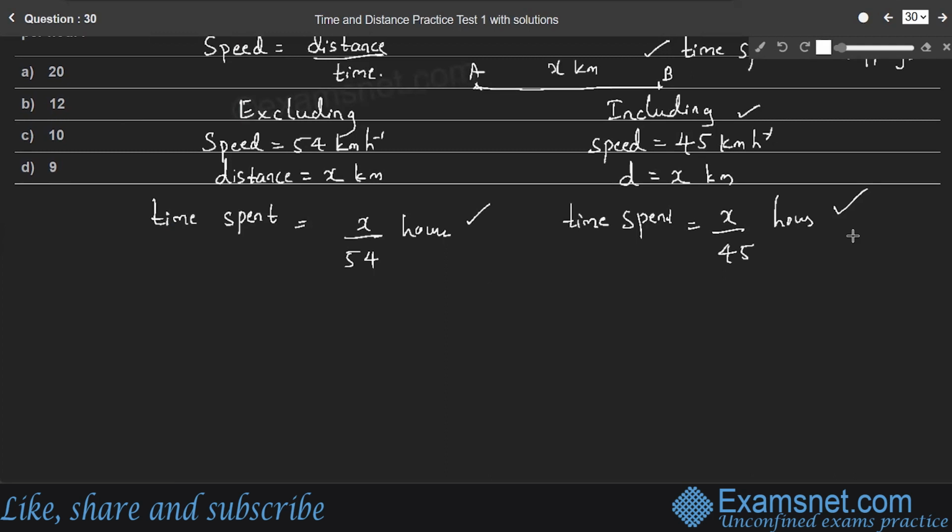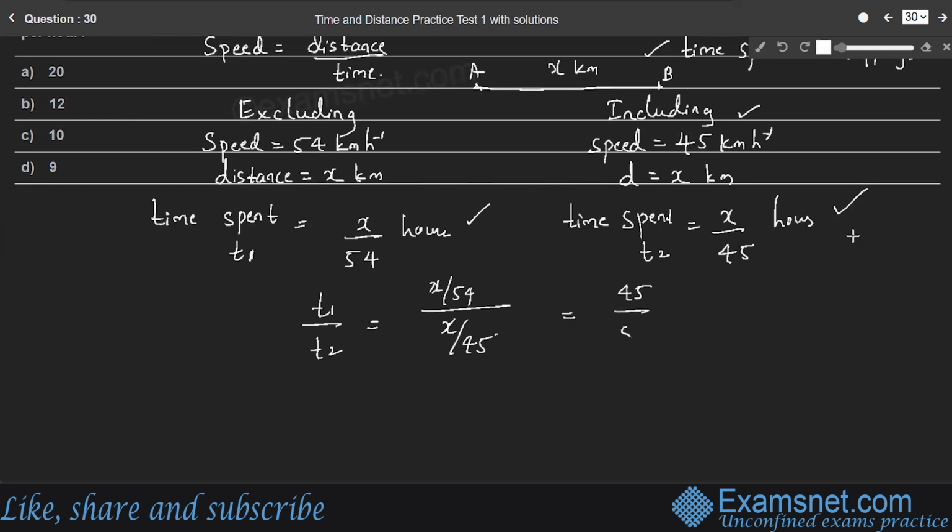Therefore, we'll consider the time spent excluding stoppages as T1 and including stoppages as T2. Therefore, T1 by T2 gives x by 54 divided by x by 45. So 45 goes to the numerator, x and x get cancelled.